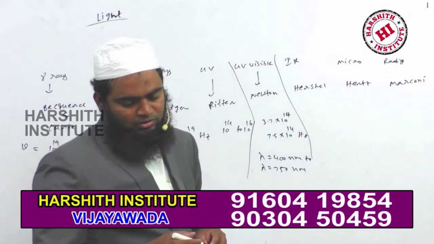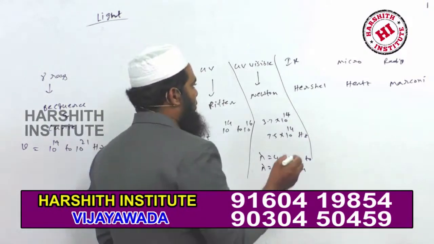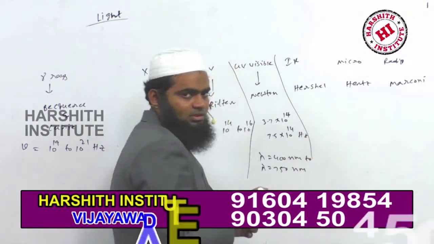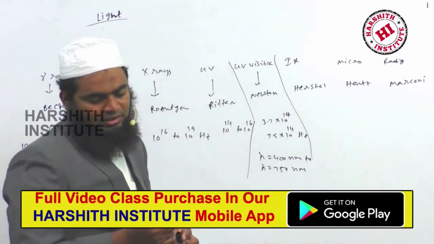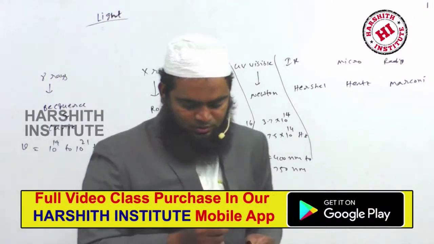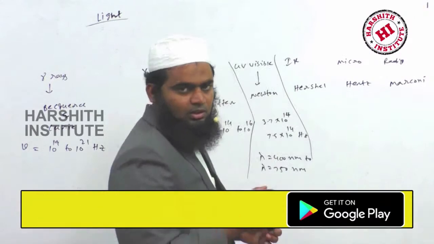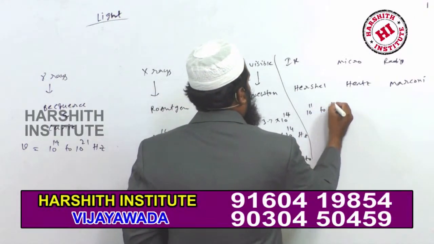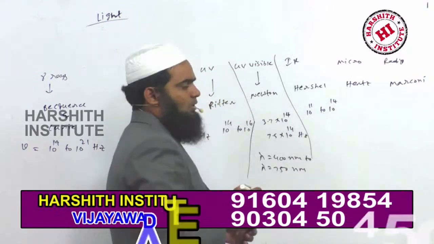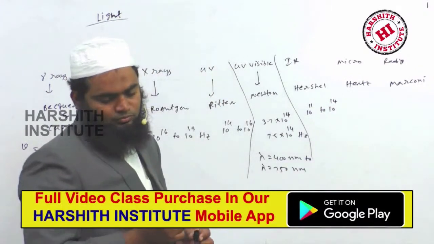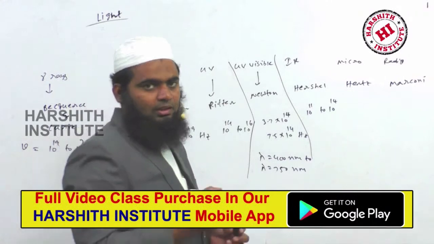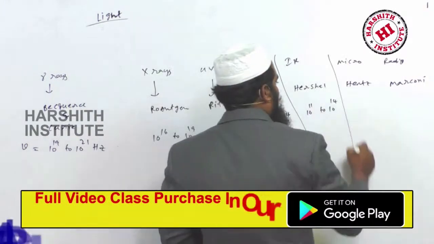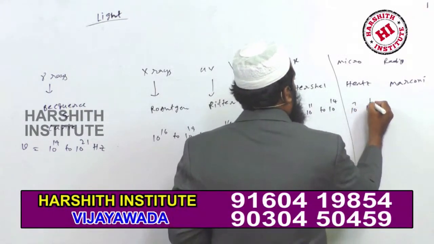Like this, IR rays contain 10 power 11 to 10 power 14. Now microwaves contain 10 power 7 to 10 power 11.